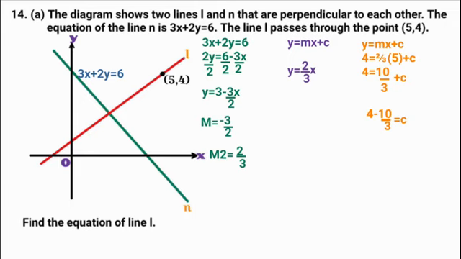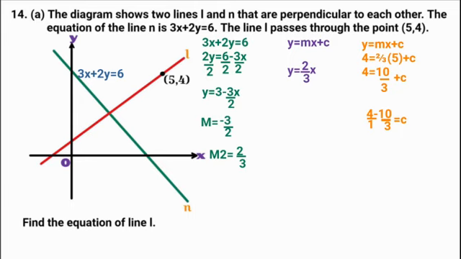Next, we convert 4 to a fraction, 4 over 1, and then subtract fractions. I'm sure you know how to subtract fractions. If you don't, you can go on our playlists and find a topic called fractions, where you will learn how to subtract fractions.